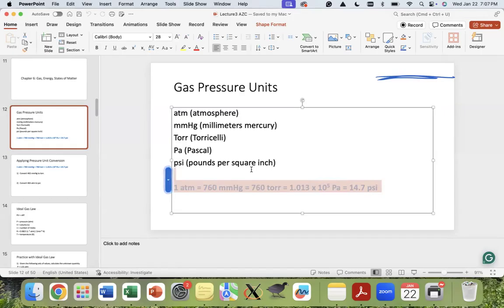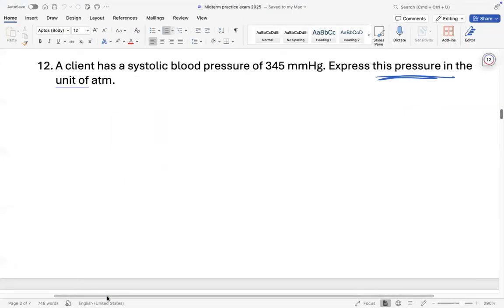All right. So real quick, if I go back here, it says that we're trying to find ATM, atmospheres, and we're given millimeters mercury. So I need to know the relationship between millimeters mercury and ATM. All right. So I would go to my reference sheet.